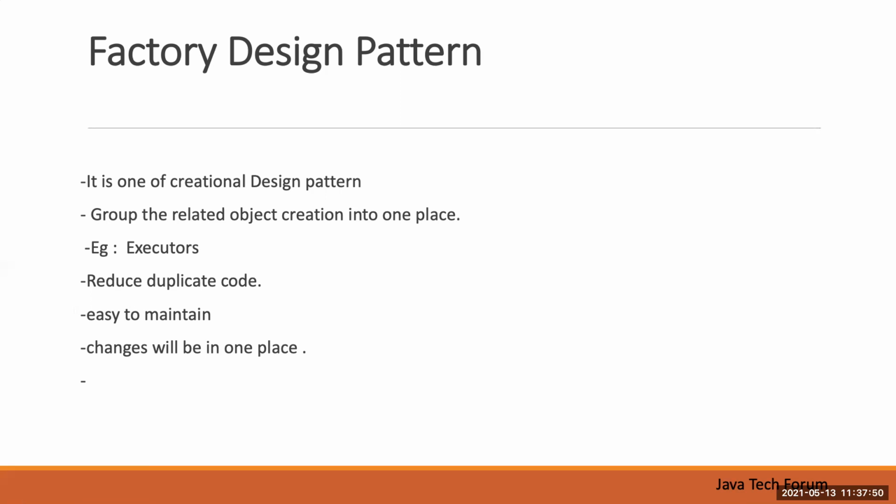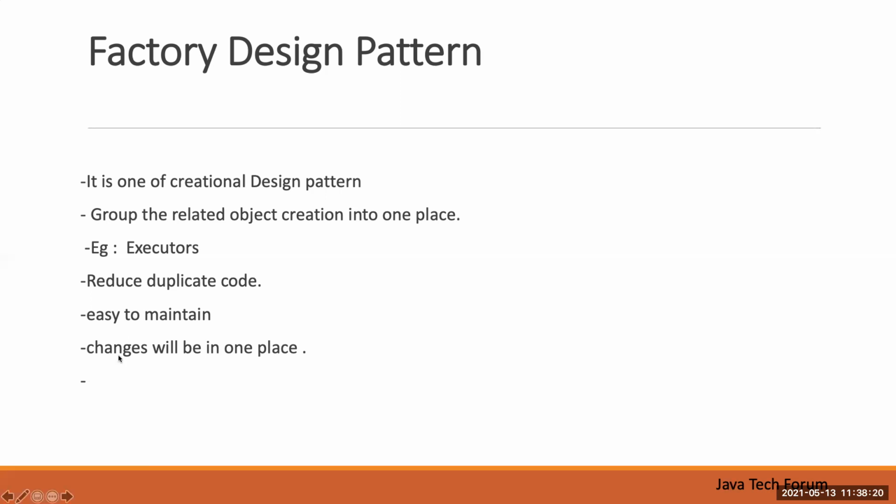So if you want to make some small changes in that object creation, you have to modify all those places. That is why it's easy to maintain: the changes will be in one place. If you use the factory pattern and want to make small changes, or create one more pattern of object creation, you can simply add it in your factory class itself.